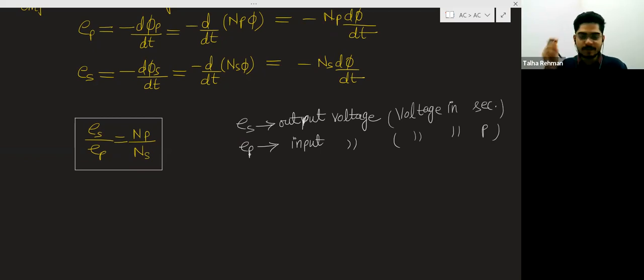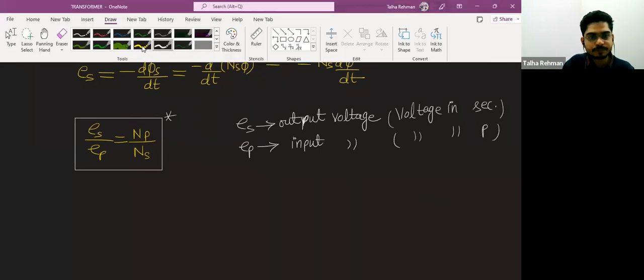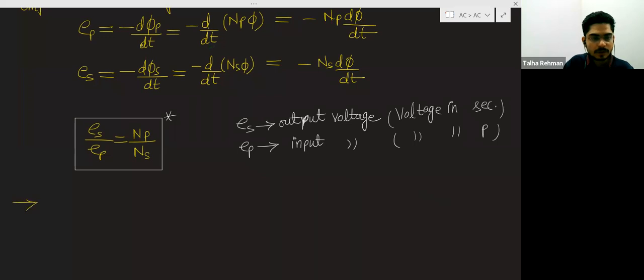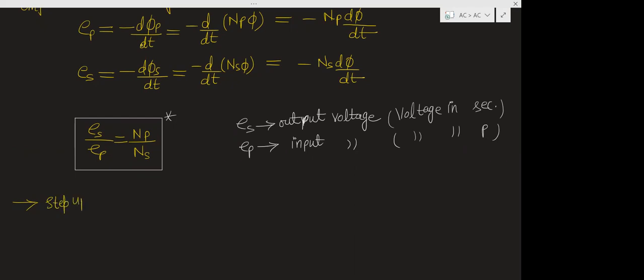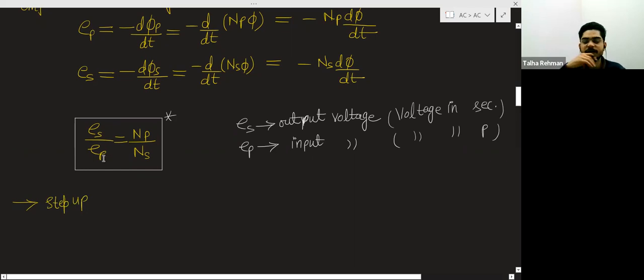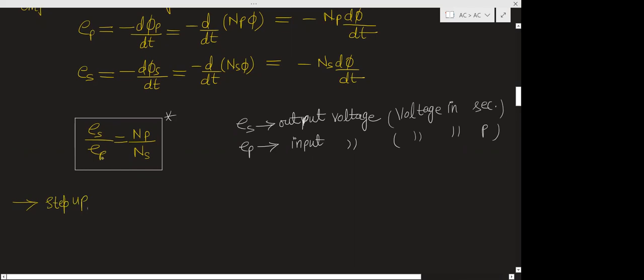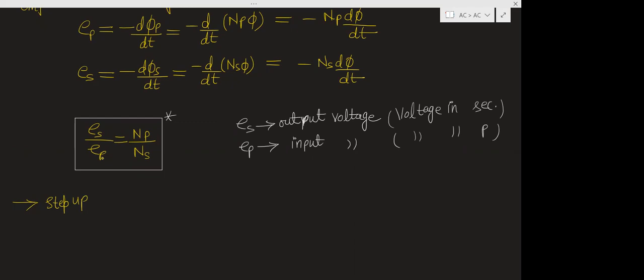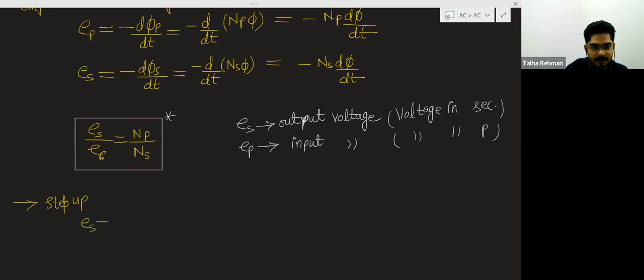This is the relation, and you have to remember it in the case of the transformer. If there is a step-up transformer, which one will be greater, ES or EP? In step up, ES will be greater than EP.